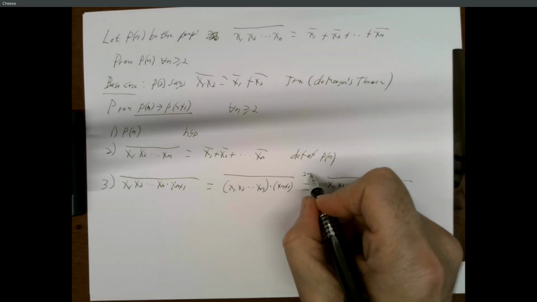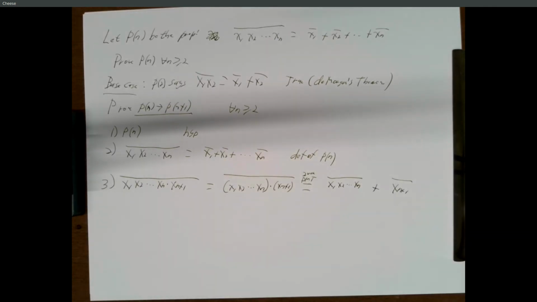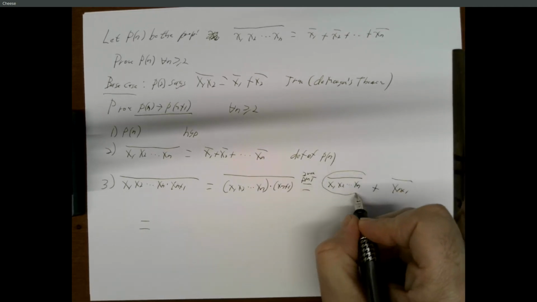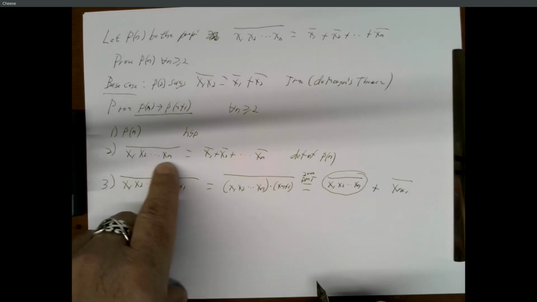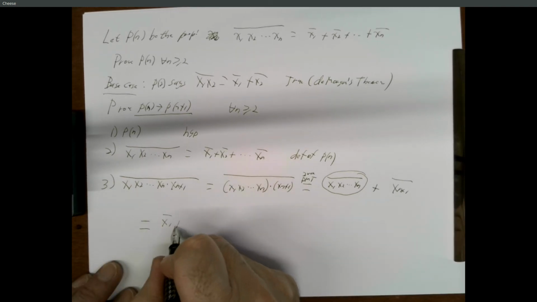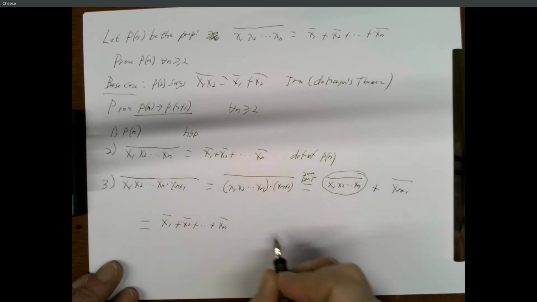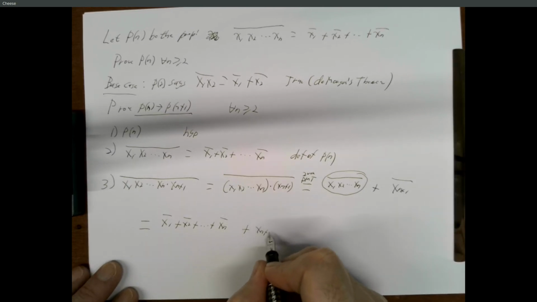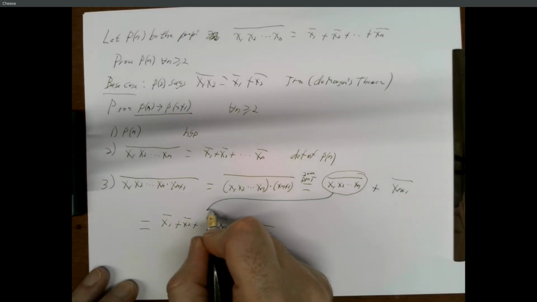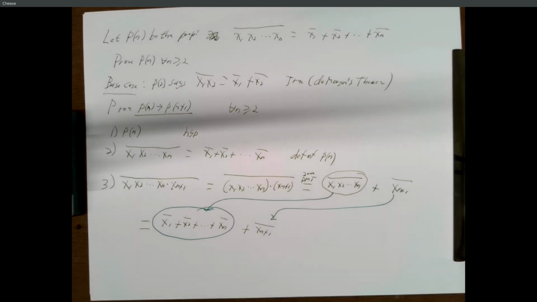That's the two-variable De Morgan's theorem, DMT. And this left-hand side, since we know P of n is true, we're assuming that this left-hand side is equal to the sum of the complements plus xn plus 1 bar. So this gave us this, and this just gave us that.